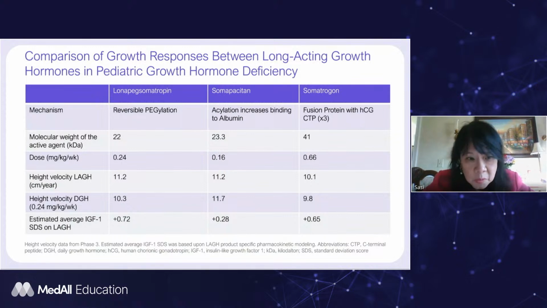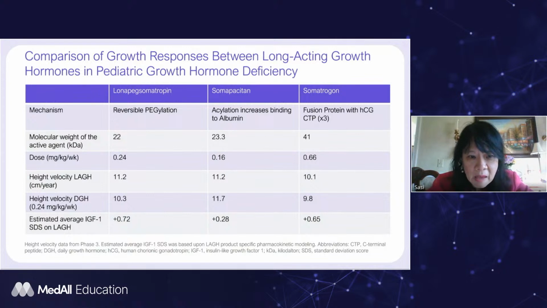And if you look at the growth response, the height velocity for the different types of long-acting growth hormone is comparable to daily growth hormone, about 11.2 or 10.1 centimeters per year. So the growth response is pretty much identical to daily growth hormone.